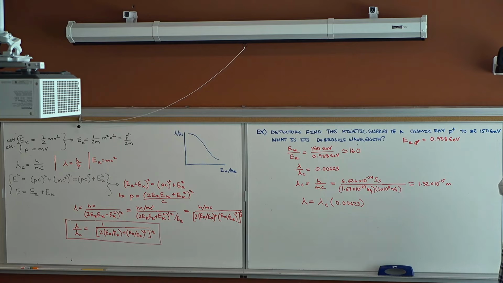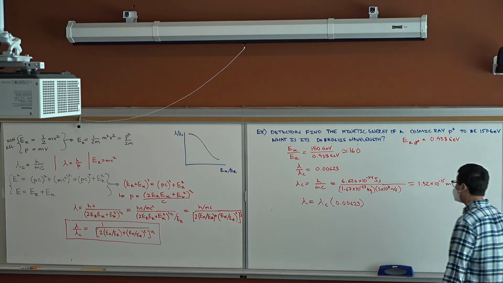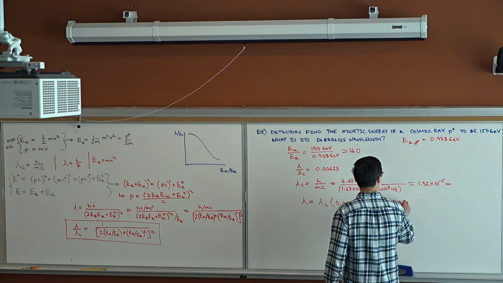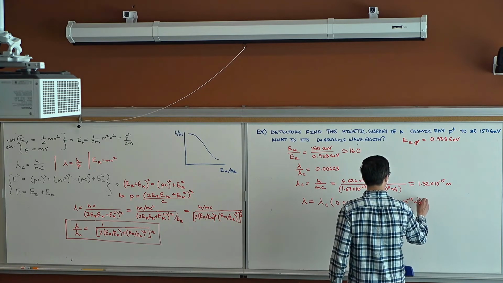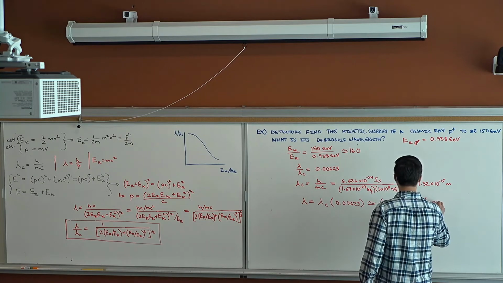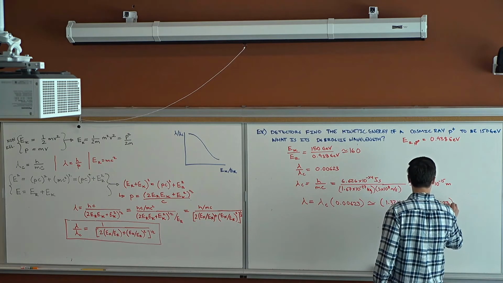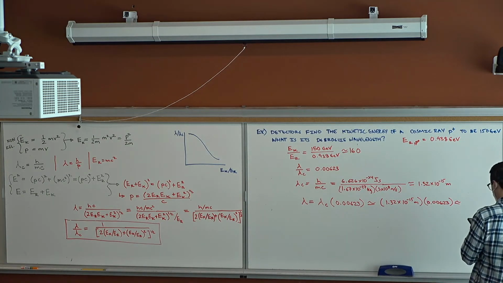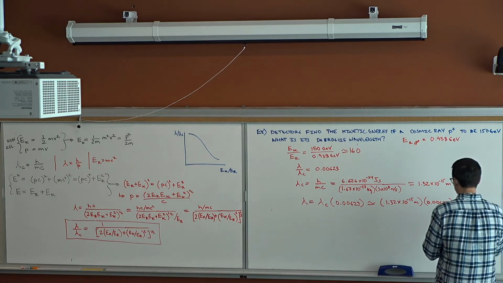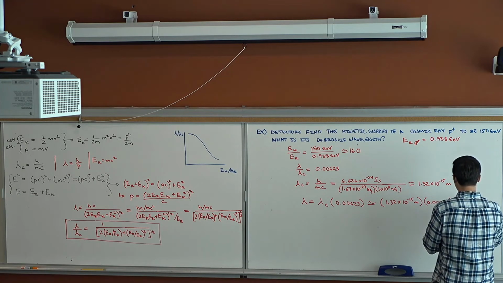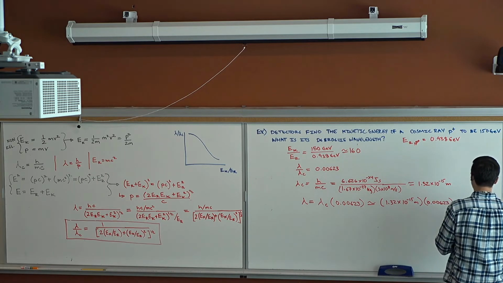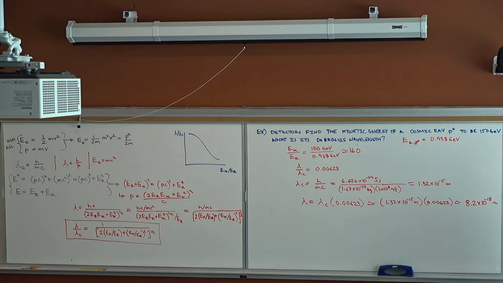So if we take 1.32 times 10 to the minus 15 meters and multiply by 0.00623, I'm getting about 8.2 times 10 to the minus 18 meters, which is tiny, right?